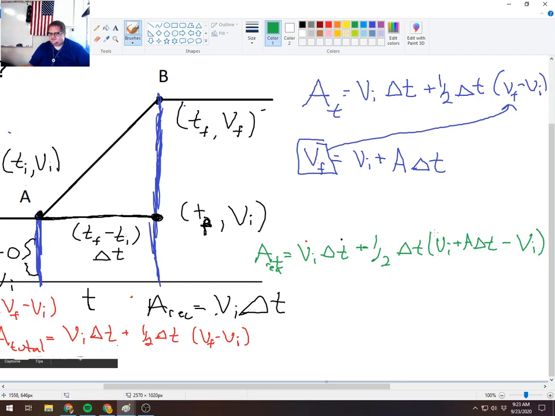So again, all I did was substitute, literally instead of writing VF, I wrote this equation there for VF. And look what happens, VI minus VI, those cancel each other out.